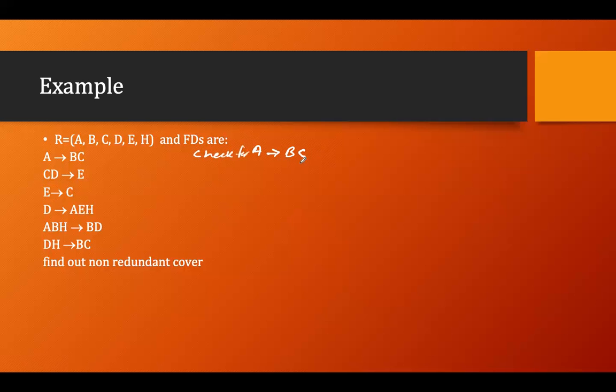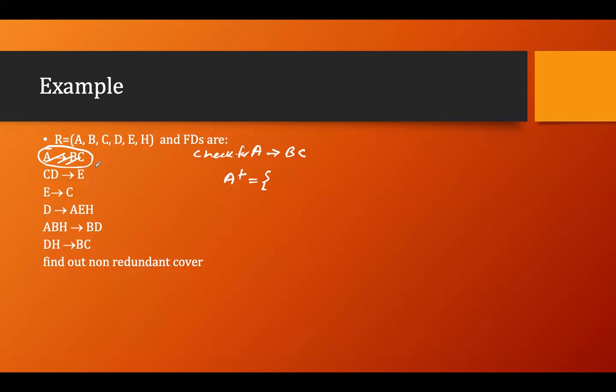Check for A determines BC. Now while checking it, we have to find out A closure, and we have to see whether A closure is equal to R or not. If it is R, we'll remove it. If it is not R, we'll see what we have to do. So how will we find out A closure? We'll find out A closure without considering this functional dependency. So just assume that this functional dependency doesn't exist right now.